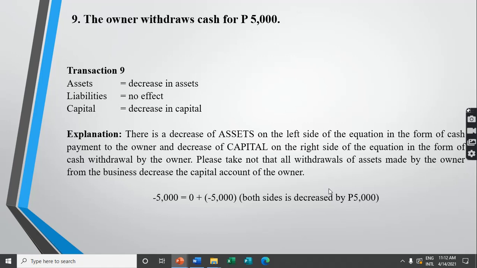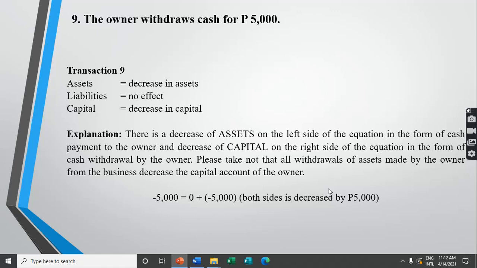So, sa asset, decrease in asset, and liabilities, wala siyang effect. And sa capital, nag-decrease ka din dun sa capital. So, there is a decrease of asset on the left side of the equation in the form of cash payment to the owner, and decrease of capital on the right side of the equation in the form of cash withdrawal by the owner.